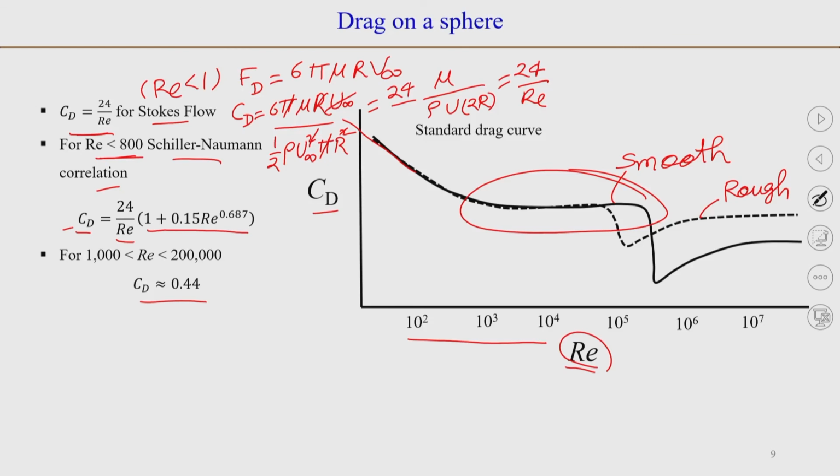And then when you increase it further, when the flow becomes turbulent, there is a sudden drop in the drag, and it is called the drag crisis, and that is because the flow has changed from laminar to turbulent, or from the transition to the turbulent region there. Okay.